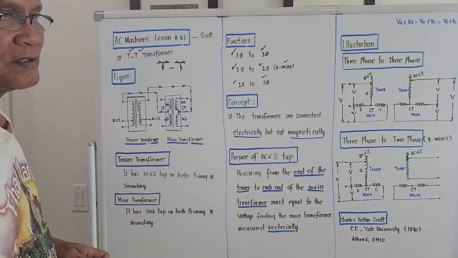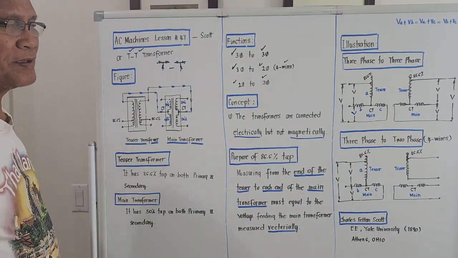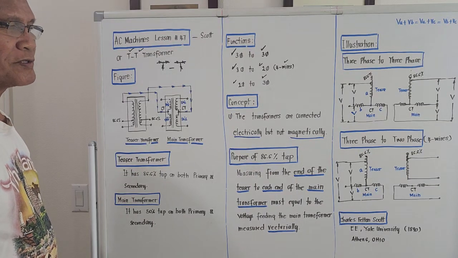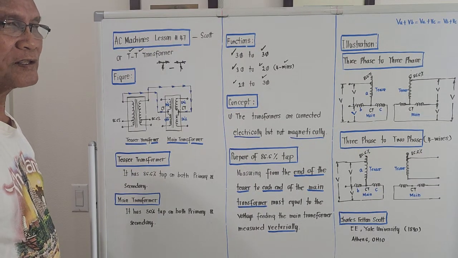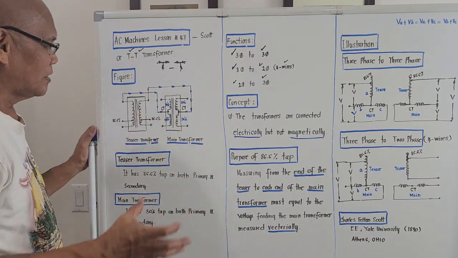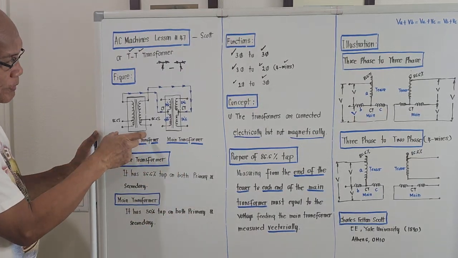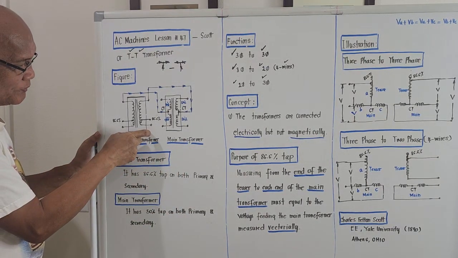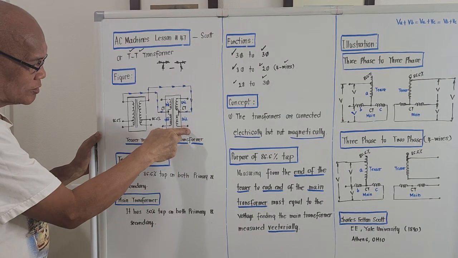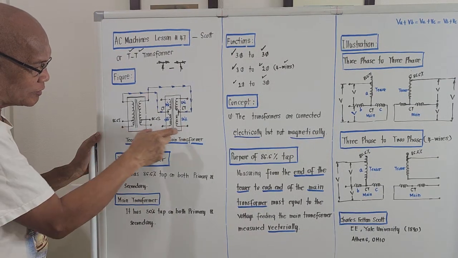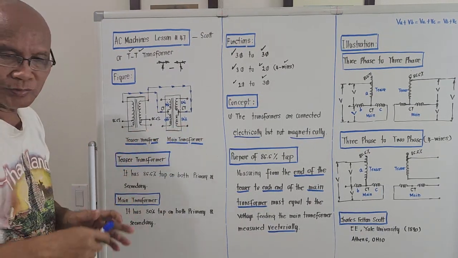Magnetically meaning, in the production of the induced voltage, they are not connected. The first transformer is this one. The second transformer is this one. So these are actually two transformers.